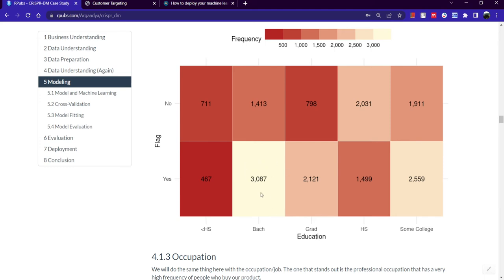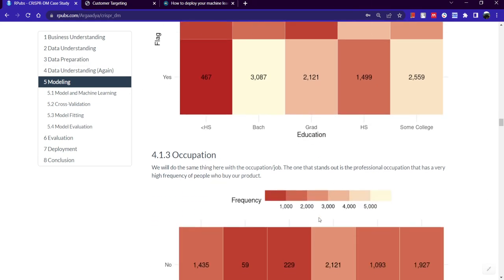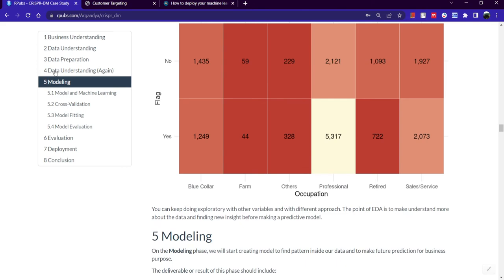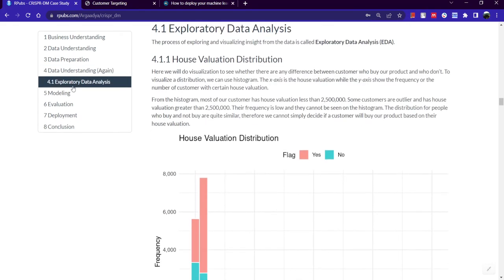So here we can see the high frequency for bachelor and graduate, indicating that there might be some pattern, and maybe education can be a potential factor to assist in finding out whether the customer is going to be a potential buyer or not. And same for occupation.